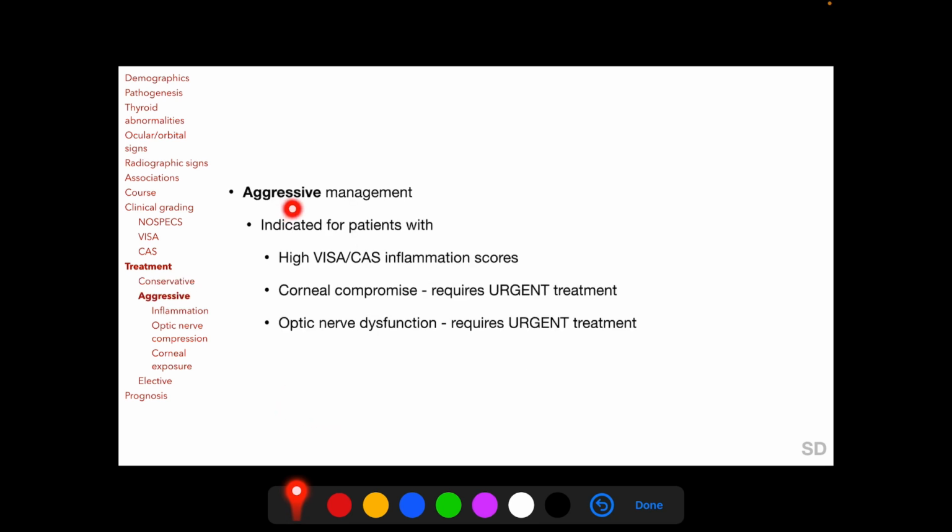Aggressive management is required for patients with high inflammation scores, corneal compromise and optic nerve dysfunction. Presence of corneal compromise and optic nerve dysfunction requires urgent treatment. We may note here that extraocular muscle dysfunction and lid retraction without corneal exposure does not require aggressive management but can be treated electively.